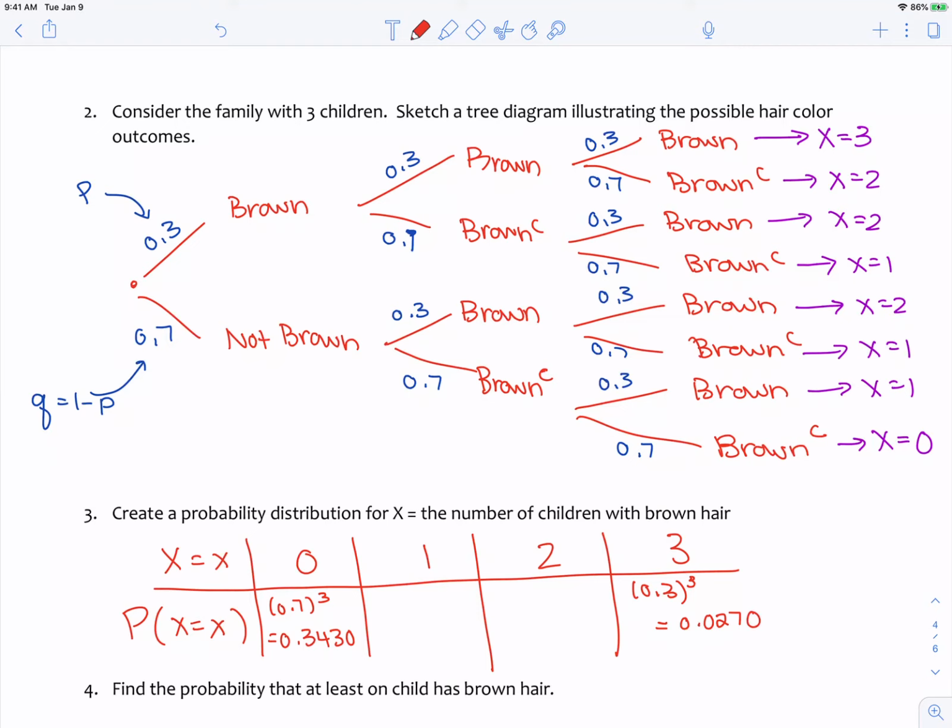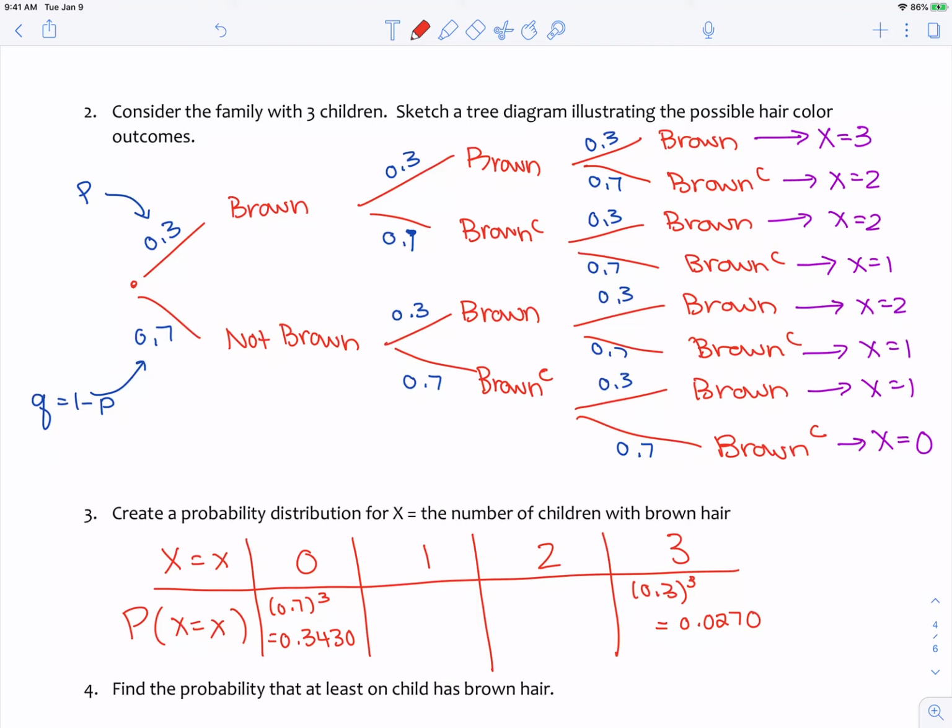The 1 and 2 cases, this is happening on 3 of those branches, so we need to take the sum of the probabilities of each of those branches. To have 2 successes, 2 kids with brown hair, each of those segments would need a probability of 0.3, and then the 1 failure would be a 0.7. Or if we had 1 child with brown hair, each of those branches where that occurred is going to have 1 0.3 and 2 0.7s.